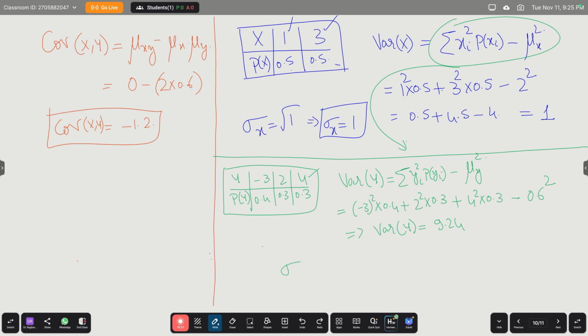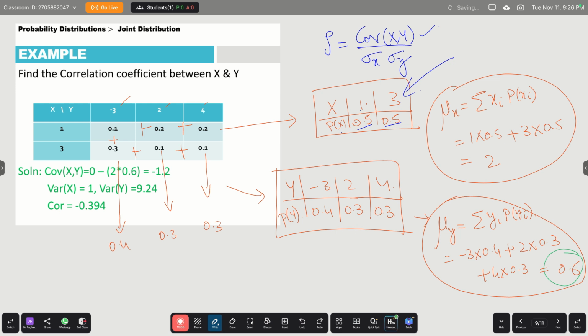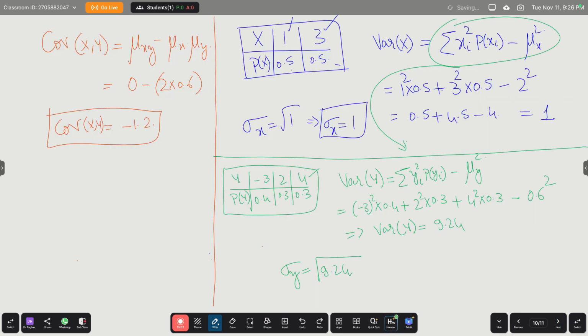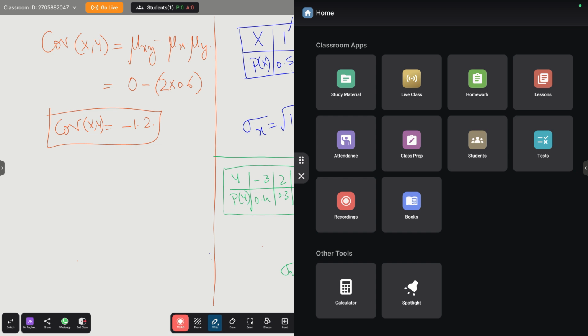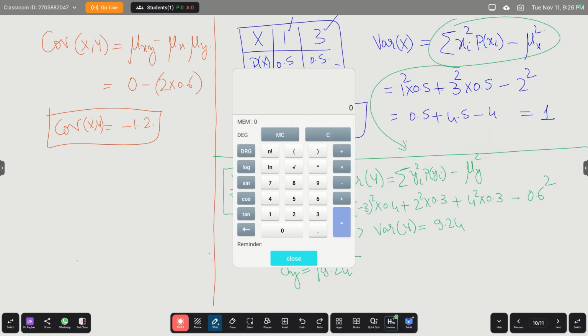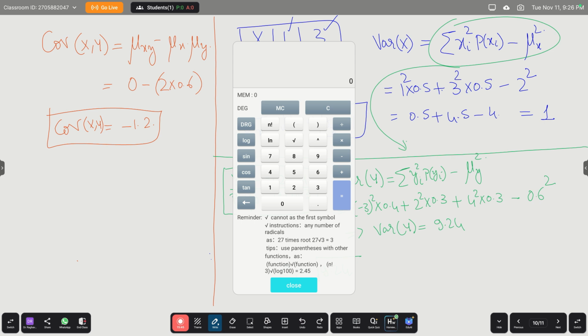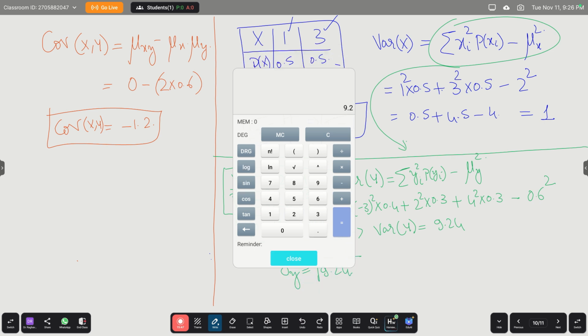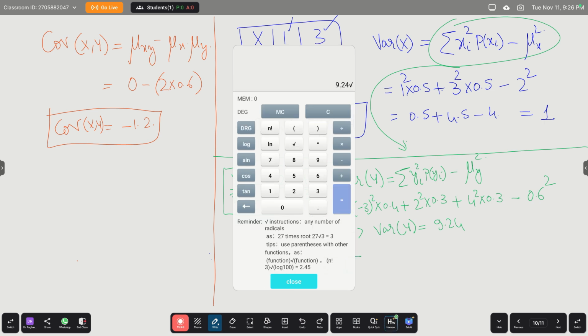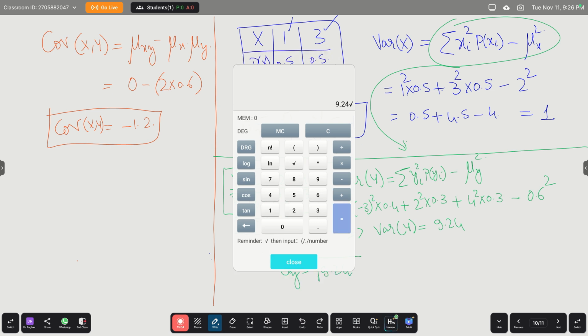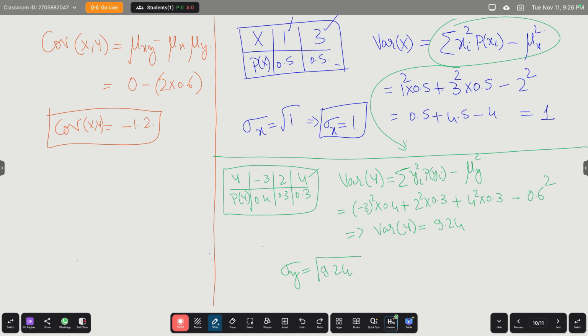So what will be sigma y? Sigma y is the square root of 9.24. Let me check. Sorry, the square root should be more than 3.